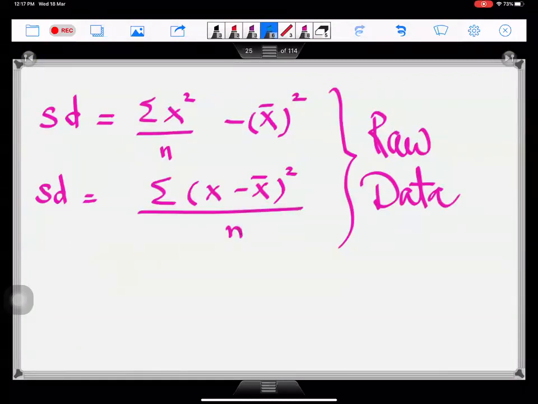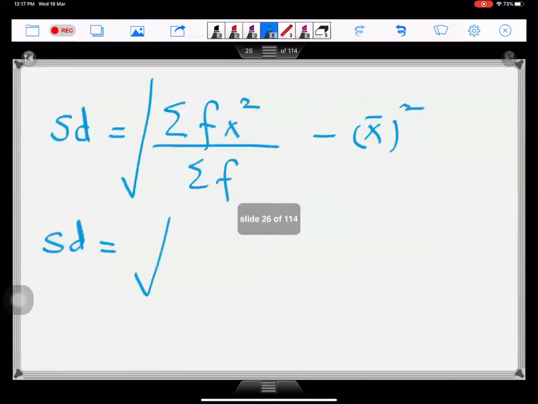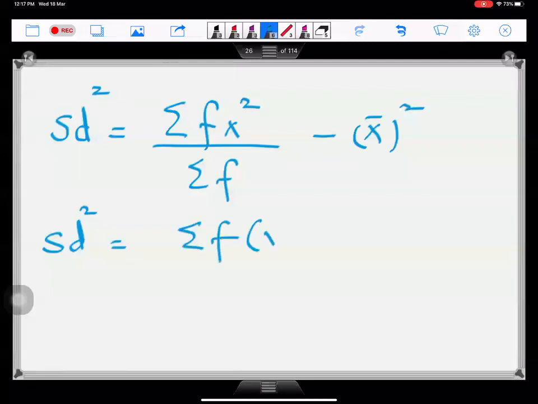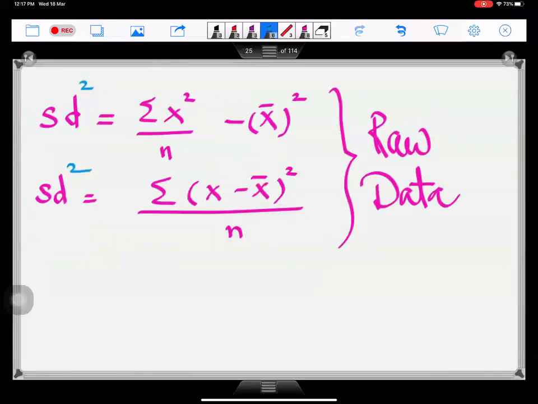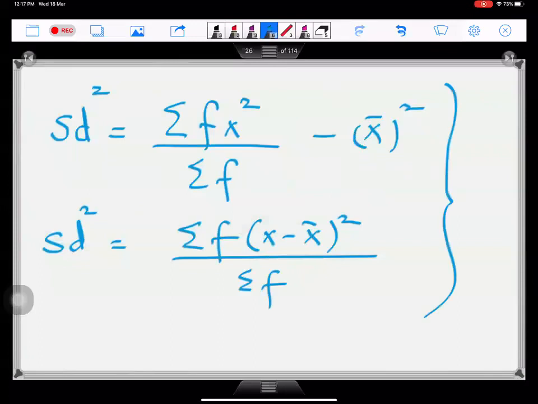I can remove the square root, that would look neater. And this is sigma fx minus x bar square over sigma f, and it's variance. Both the formulas I've written for variance. These two are for frequency distribution, whether it's ungrouped or grouped.